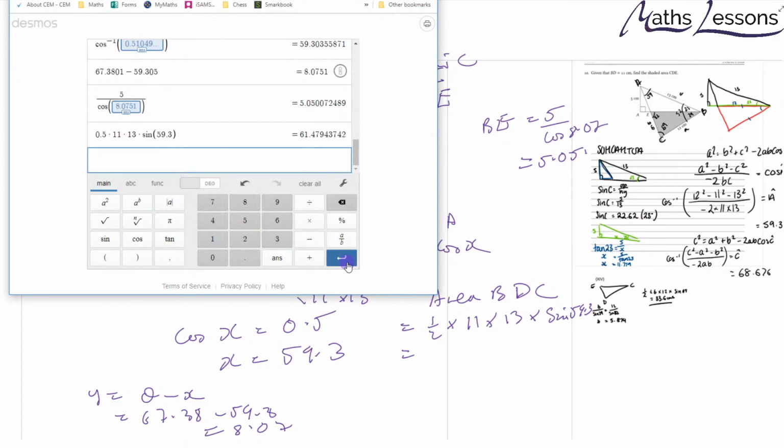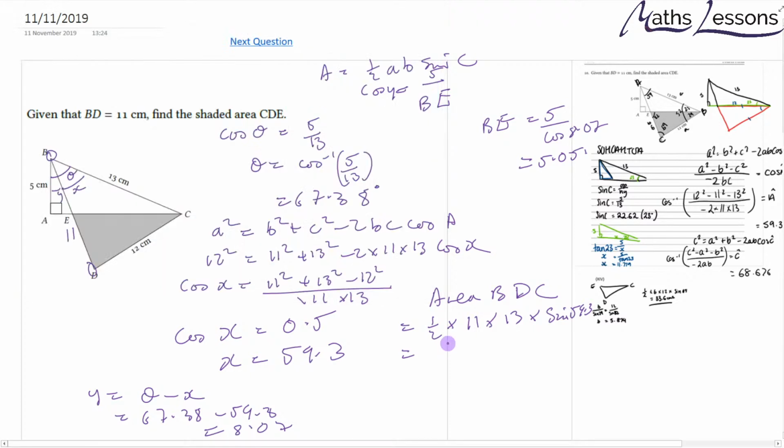Get 61.7. Now I'm going to do the area of BEC.